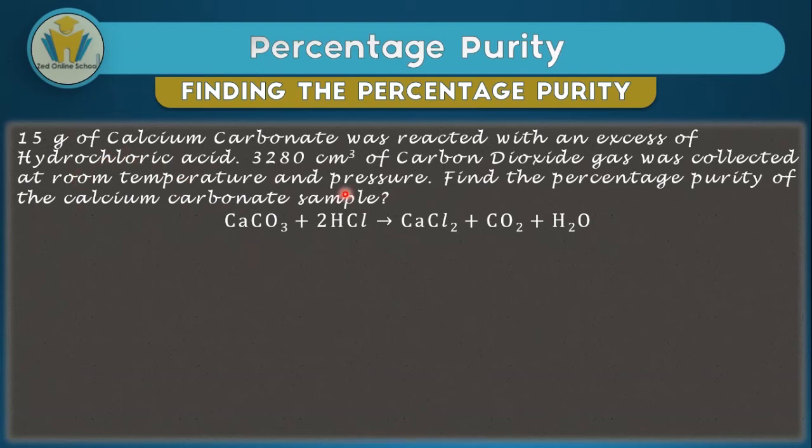Now, what you're going to see here is that this 15 grams of calcium carbonate that we've been given is actually the mass of the impure, because it was what was used totally in the reaction, or it's the total mass of calcium carbonate that was provided for the chemical experiment as was being used. Meaning, we're going to find a certain mass that will be less than this 15 that gave us this yield.